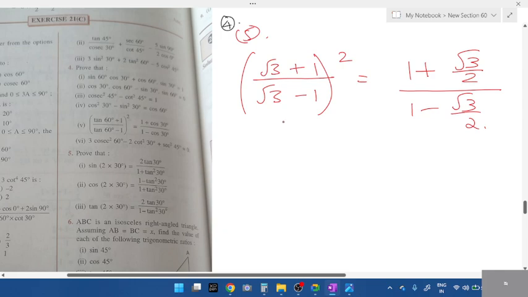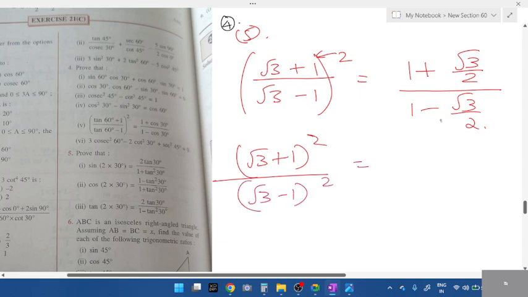When you open the bracket, you should get the same answer, students. Use a plus b the whole square. See, root 3 plus 1 the whole square, and the denominator we have root 3 minus 1 the whole square. And here when you take LCM, you get 2 plus root 3 divided by 2 minus root 3 divided by 2.